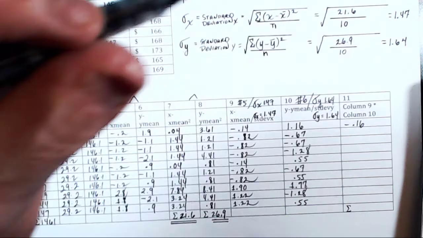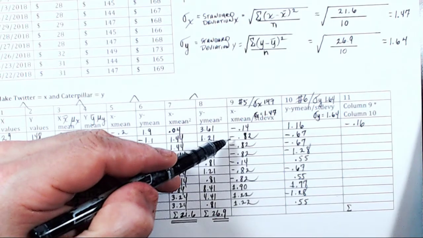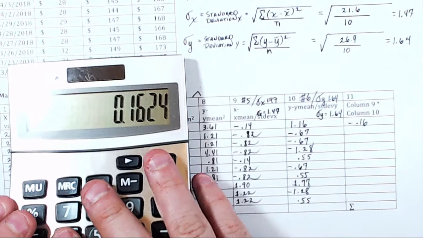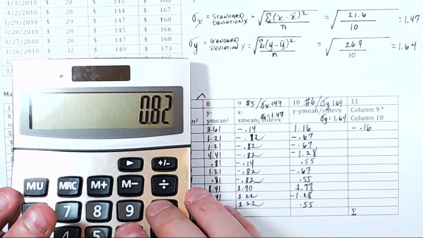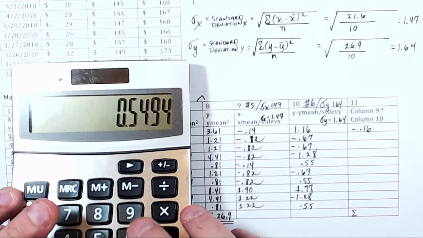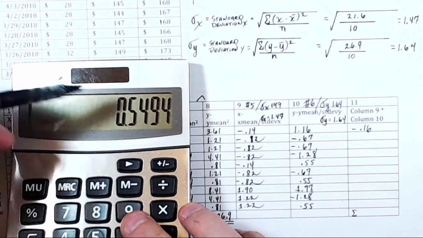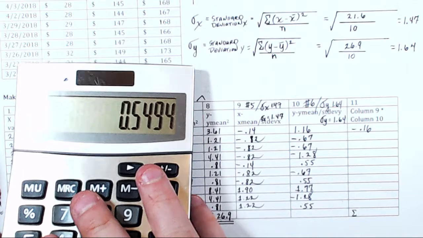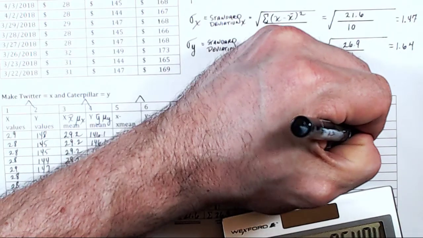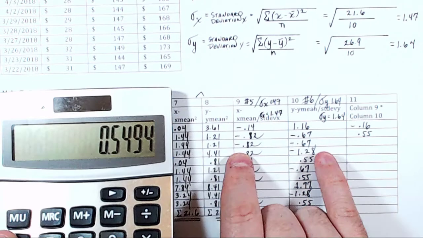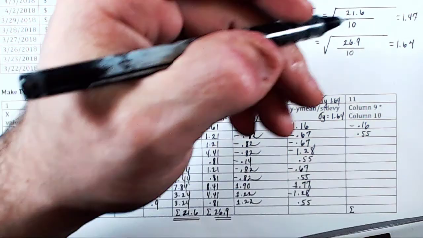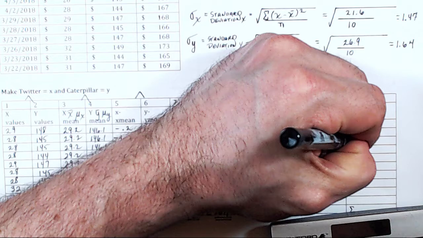Minus 0.16. In my next row, I have two negatives, so it's going to be a positive number. 0.82 times 0.67 equals 0.549 or 0.55. Positive 0.55. And again, same thing, 0.55.